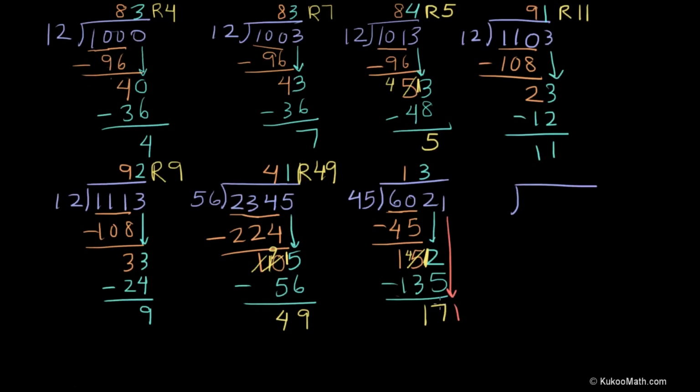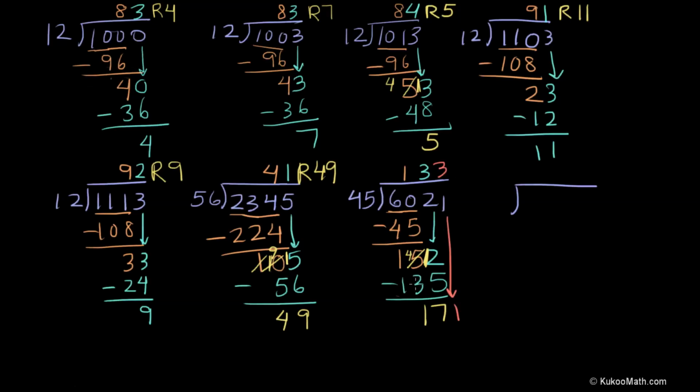Now we're trying to see how many times 45 goes into 171. And I think 4 is still too many times, because off the top of my head, 40 times 4 is 160, 5 times 4 is 20, and 160 plus 20 is 180. So we're going to stick with 3 again.